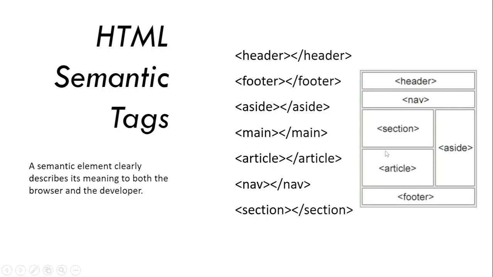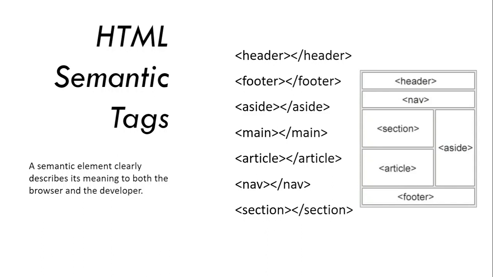And then we have the article tag. Let's say you have a blog, you can put in article tags around each post in the blog. And we have the aside. If you have sidebar content, you can put it there as well. And then we have footer. So here we can put in our copyright, maybe privacy policy links, etc. So that's basically the HTML semantic tags.